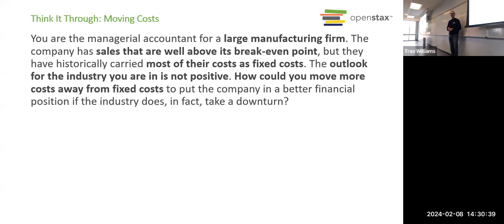Yeah, those are both good suggestions. Any other thoughts? I think those are the main things. Get rid of fixed costs like salaries, rent, insurance, equipment leases. The more we can get rid of those and shift them to other things that are variable costs, the safer we will be.